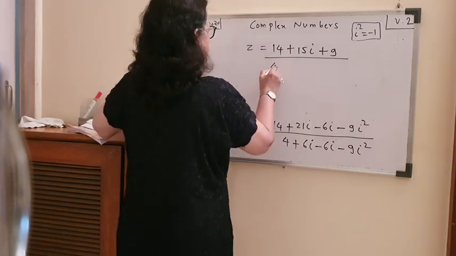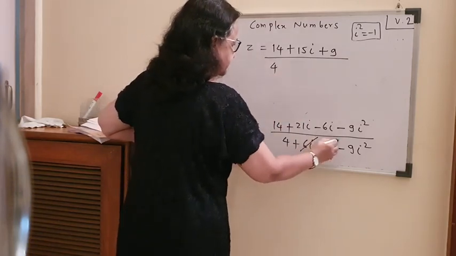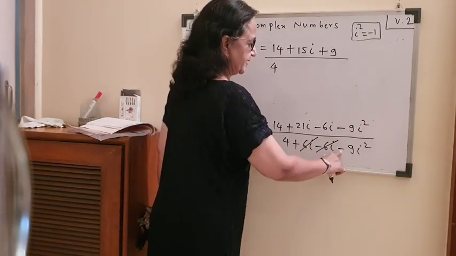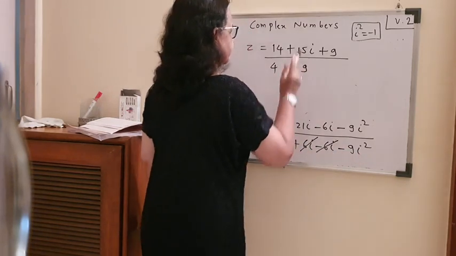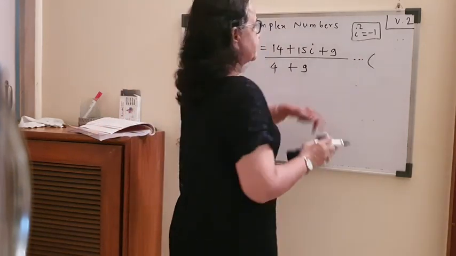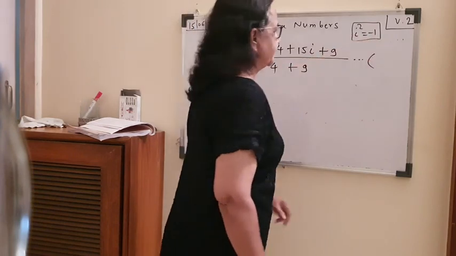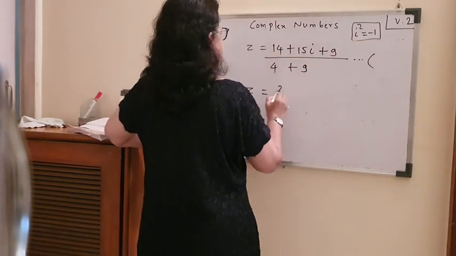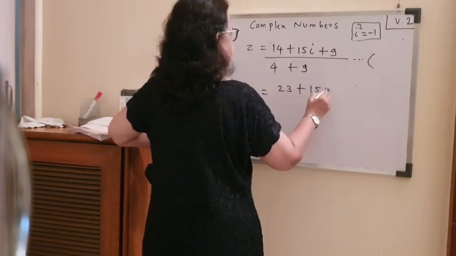Down, 4 plus 6i and minus 6i is gone. i squared is minus 1, minus into minus, plus 9. In the notebook, you put dots and in brackets mention this, i squared equal to minus 1. And now z becomes 14 plus 9, 23, plus 15i.